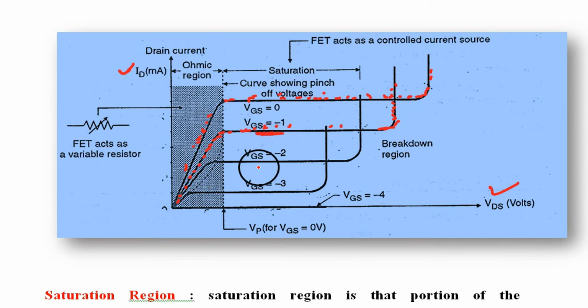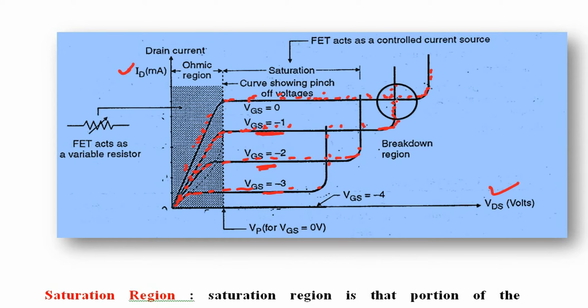This is the breakdown region. If you make the gate more negative, you get the ohmic region, saturation region, then the breakdown region.